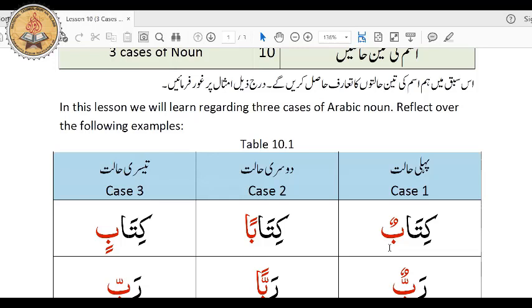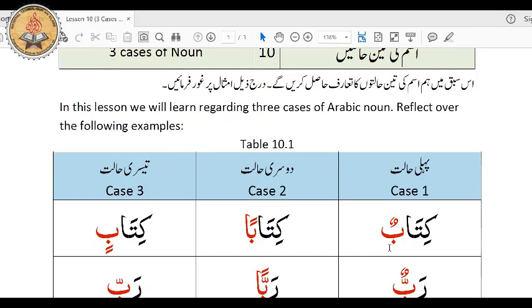This is a very genuine case. Every noun would be in case 1 with dhammatain, unless there are governing factors or awamil, the factors which render one case into another case.